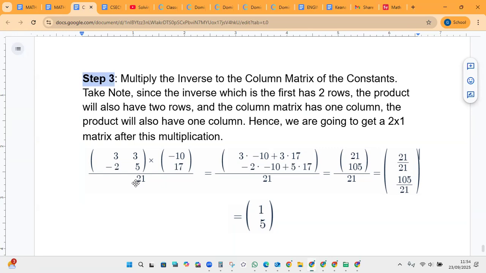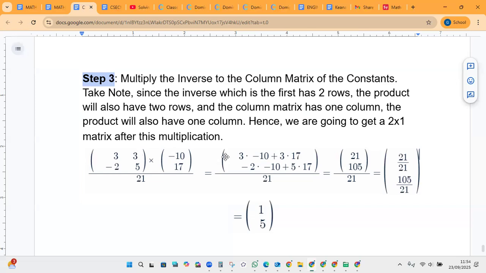The way you multiply matrices, you multiply the rows times the columns. So 3 times -10 plus 3 times 17. I repeat, when you are multiplying matrices, the elements of the rows of the first multiply the elements of the columns of the second correspondingly, first with first, second with second, and the products are joined by a plus, always a plus.